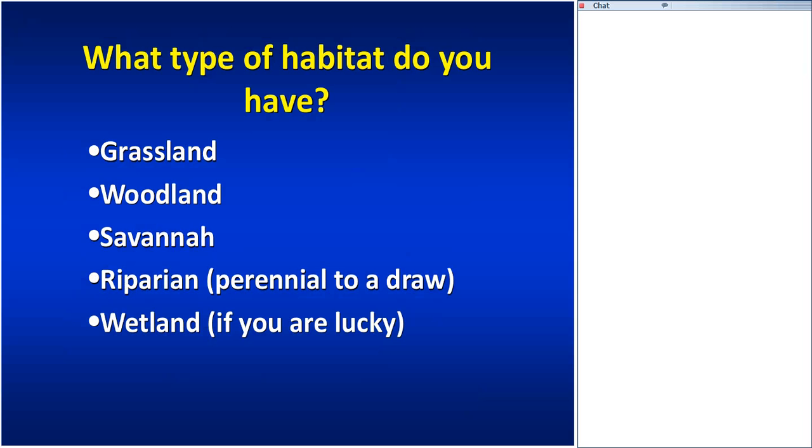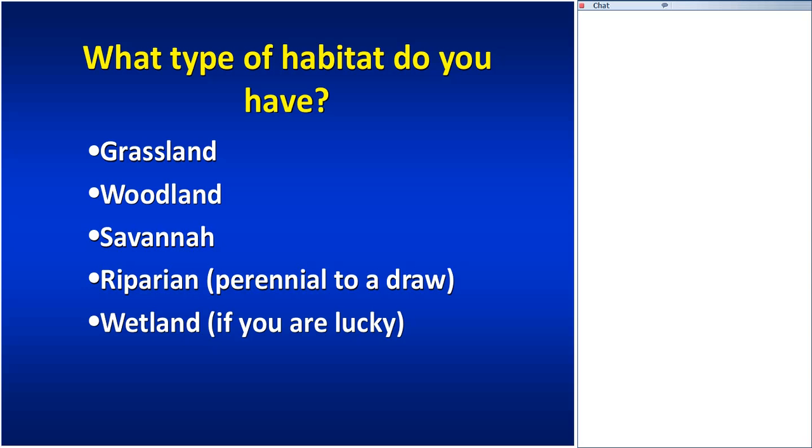intermixed. Then riparian habitat, and riparian is a term that we use. We're talking about creeks and streams and the associated adjacent habitat. And these can be everything from a perennial river or stream to a seasonal draw, as long as it's growing a different type of vegetation from the surrounding uplands.